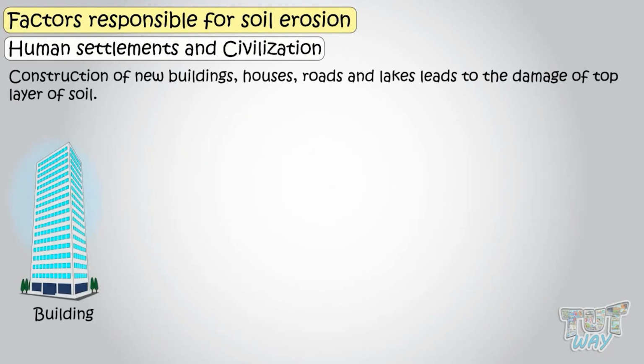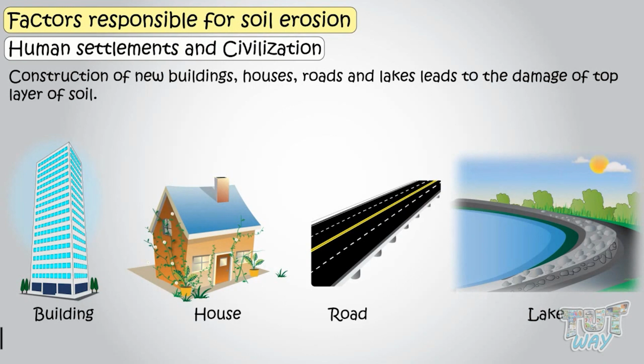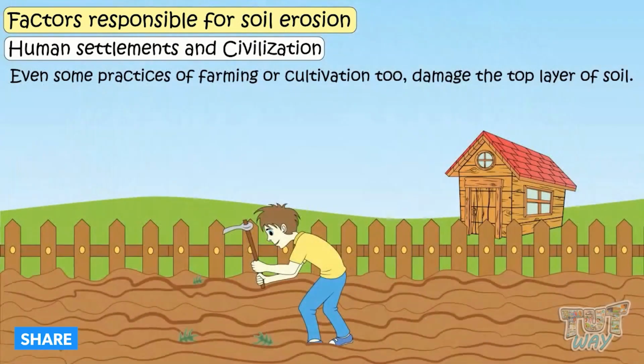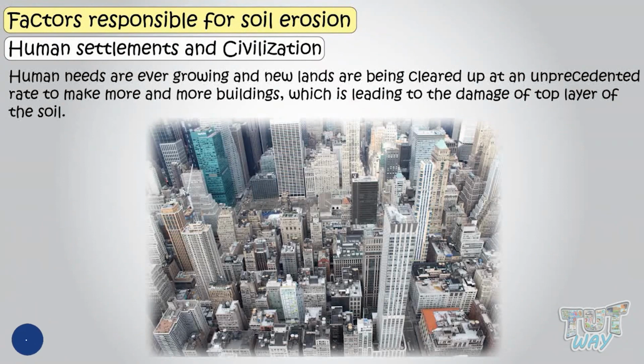Construction of new buildings, houses, roads, and lakes leads to damage of the top layer of soil. Even some practices of farming or cultivation damage the top layer of soil. Human needs are ever growing, and new lands are being cleared at an unprecedented rate to make more and more buildings, which is all damaging the top layer of the soil.